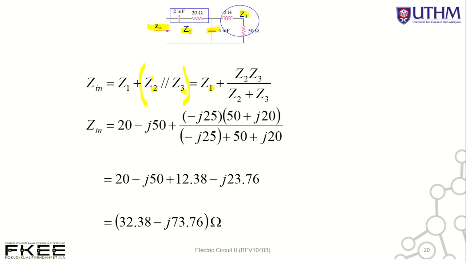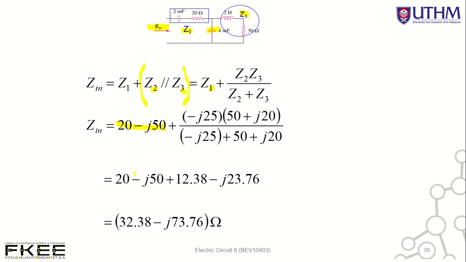How to solve this parallel Z2 and Z3? You can use this equation: Z2 times Z3 divided by Z2 plus Z3, or you can directly use your calculator: Z2 inverse plus Z3 inverse, answer, inverse again, and then add Z1.